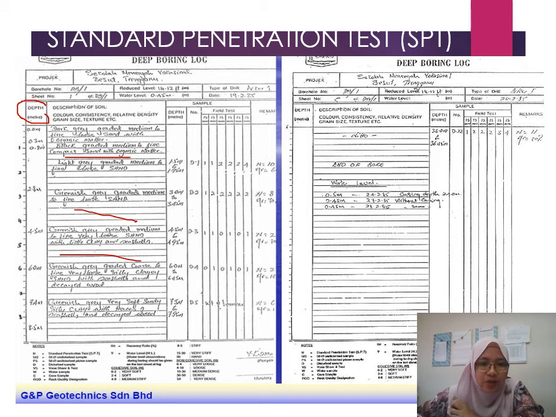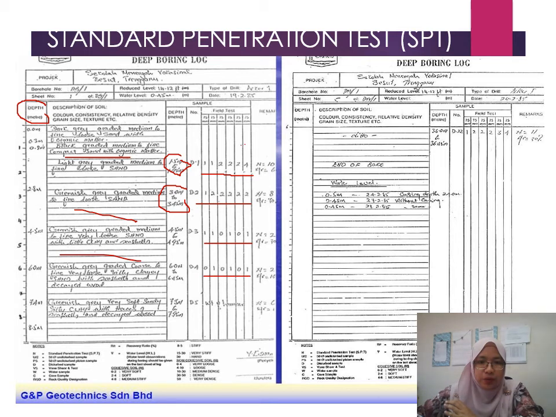And this is also the depth of the sample that has been taken. For example, the description of the soil here is taken at the following depth. And then here is the SPT N value. Okay, so there are 6 intervals here.